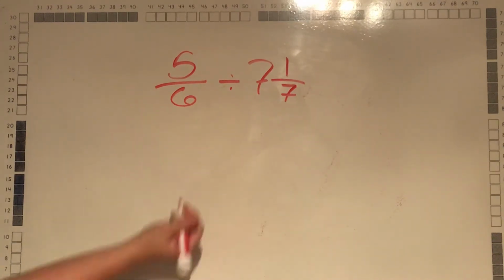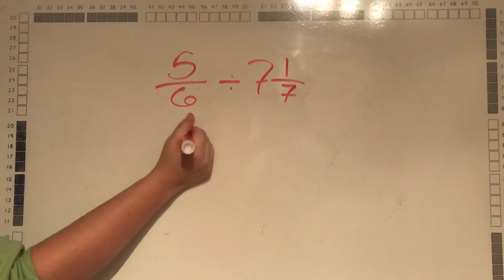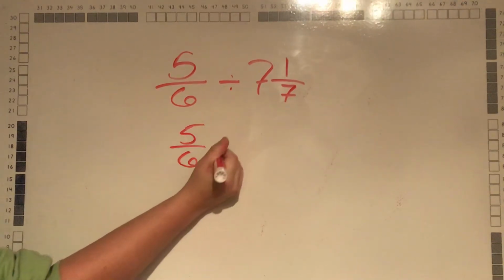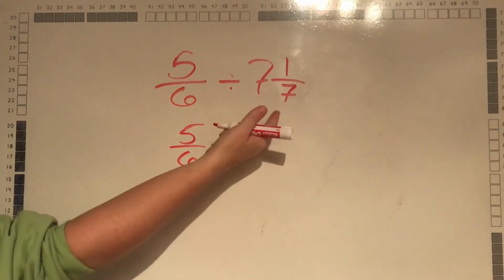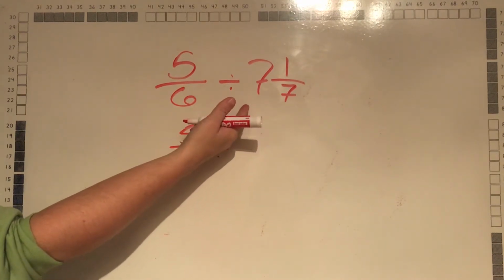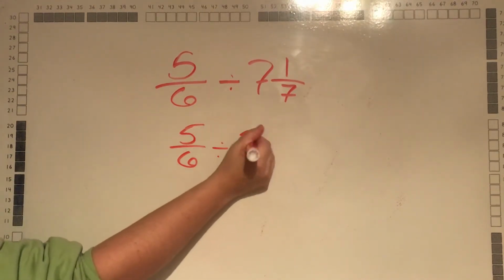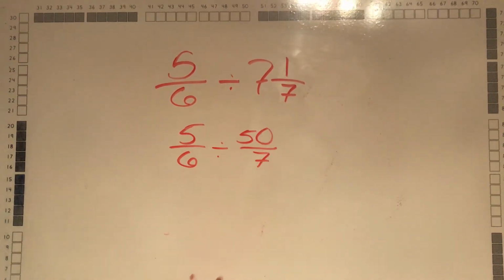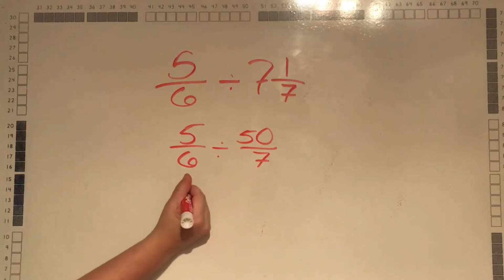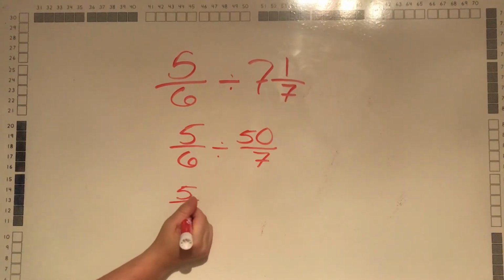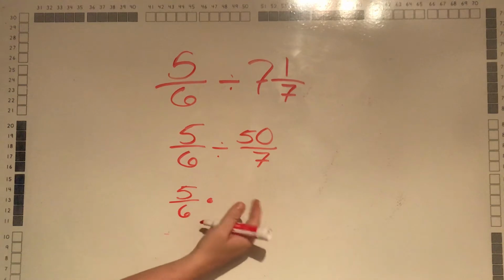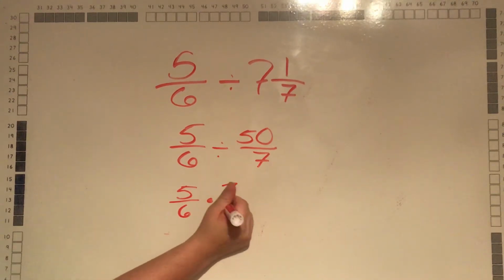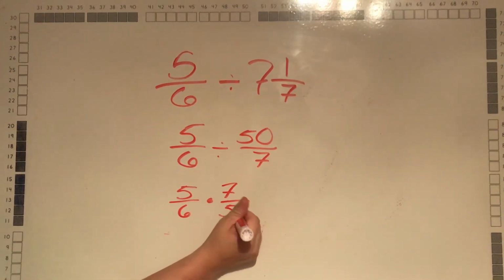So that gives us 5/6 divided by, well, 7 times 7 is 49, plus 1 is 50/7. We apply our rule of dividing fractions, and we multiply 5/6 by the reciprocal of the divisor.